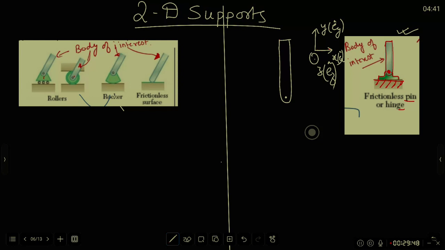If we try to move the body, if we try to move this point B on the body in X direction, will the support allow or will it resist? Clearly it will resist. Pin joint will resist, and that's why I will put Fx.